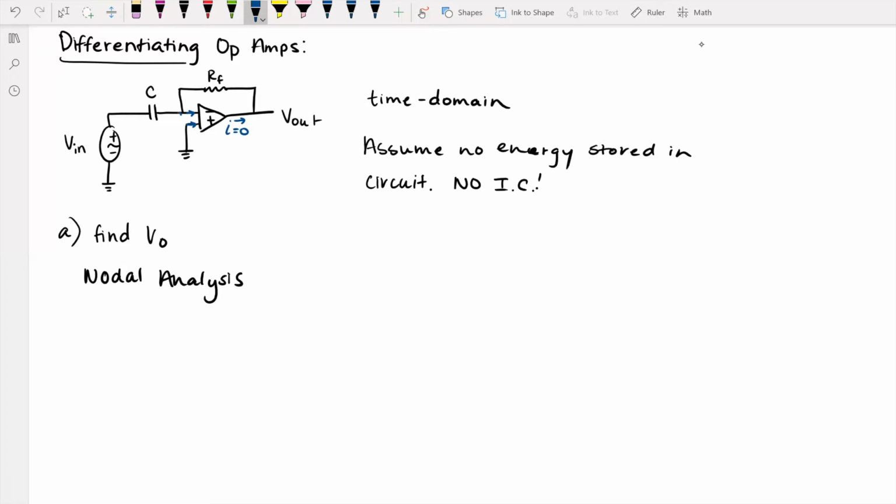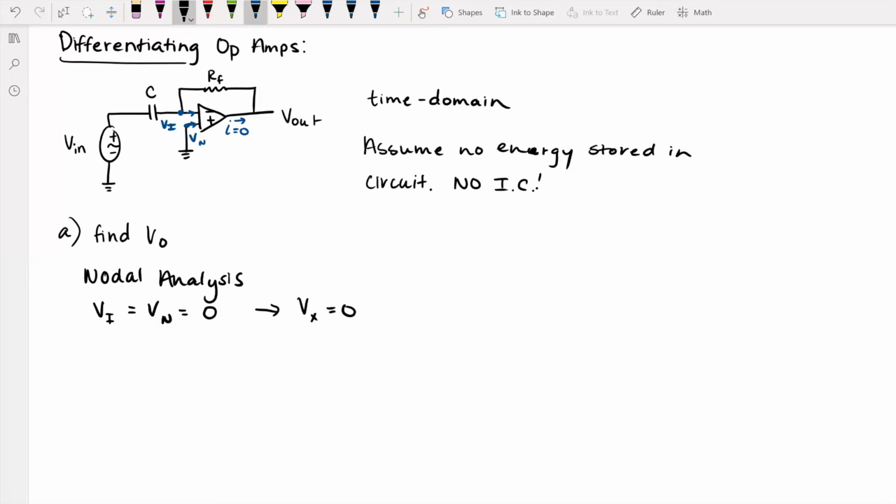That means this Vi, the nodal voltage at the inverting terminal, is equal to the nodal voltage at the non-inverting terminal, which equals 0. But for our terms, we're just going to label this as Vx equals 0, because since they're the same thing, we're just going to call it Vx.